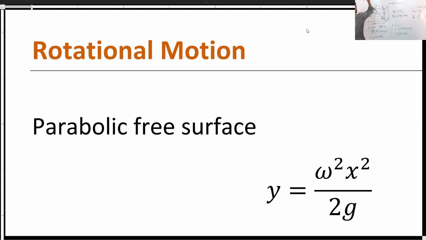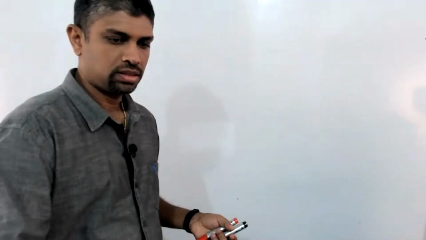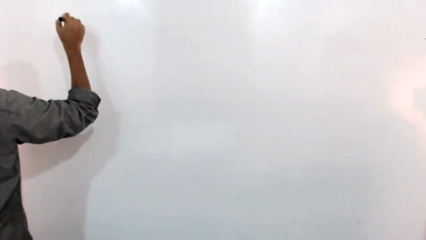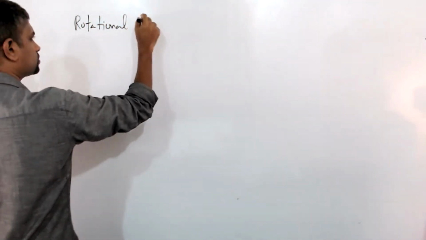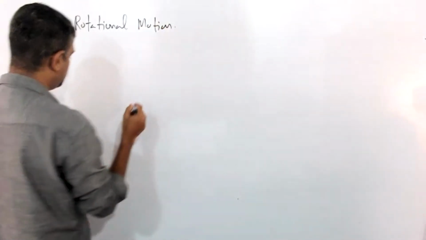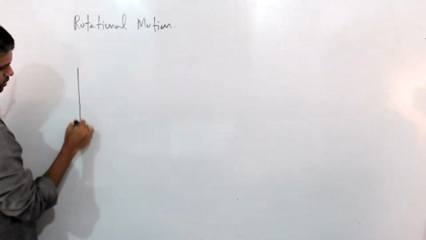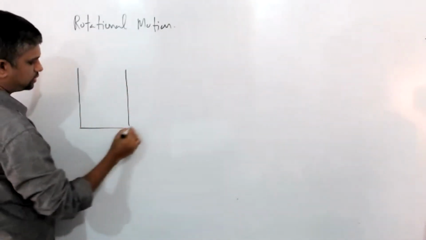Okay, we are going to look at the second type of motion, rotational motion. So this is the liquid container at rest.